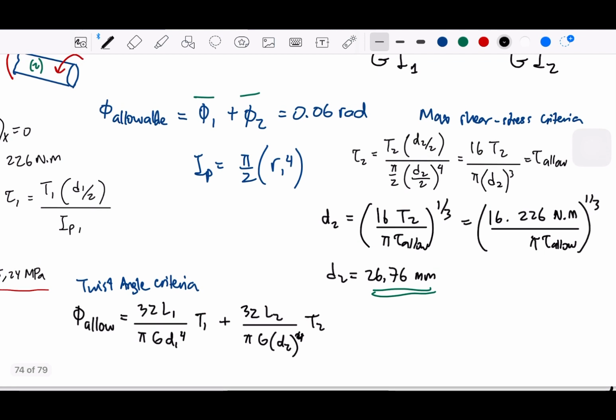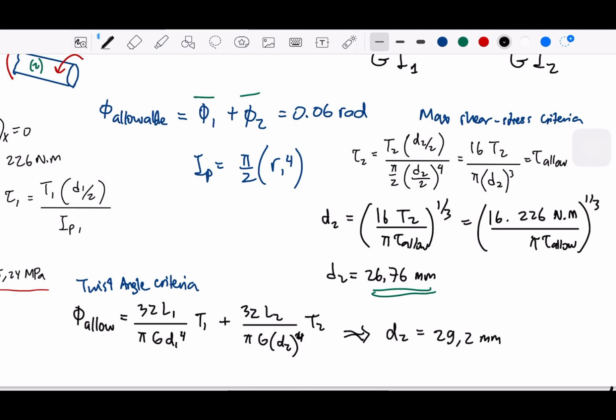So if you check from here, you will get that the D2 from this criteria is 29. Okay. So to be safe, we get 26, we get 29. Then to be safe, we can just answer the D2. Possibly, it will be safe if it's 30.